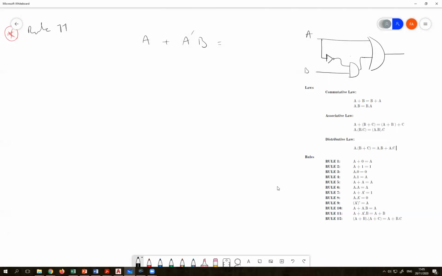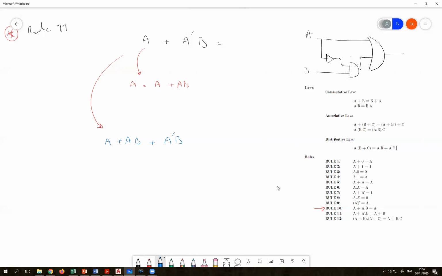In the previous one I had A or AB, which I said is equal with A. But now A or A not B. So what do I have to do? In the previous rule, rule number 10, A is equal with A or AB. So instead of A, I write A or AB plus A not B.